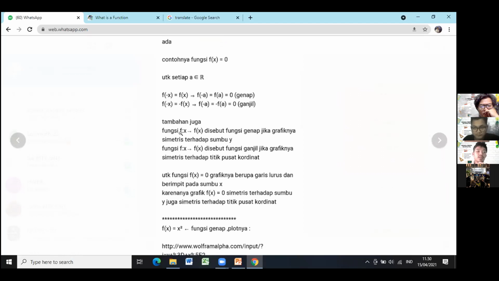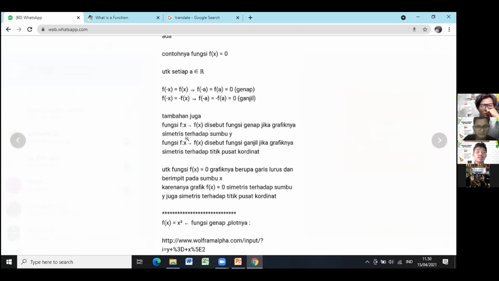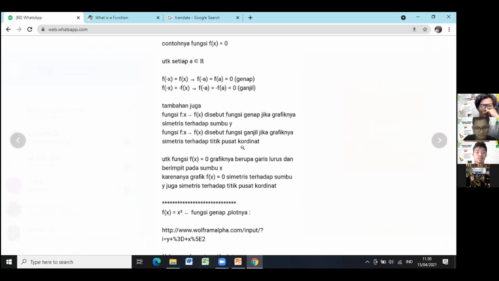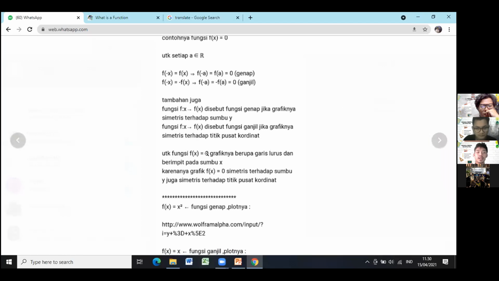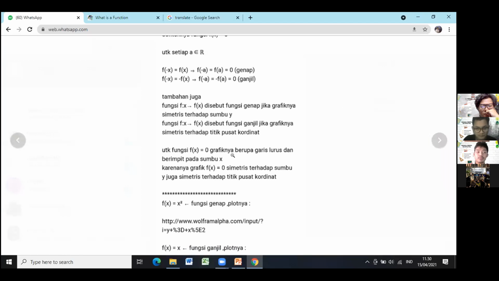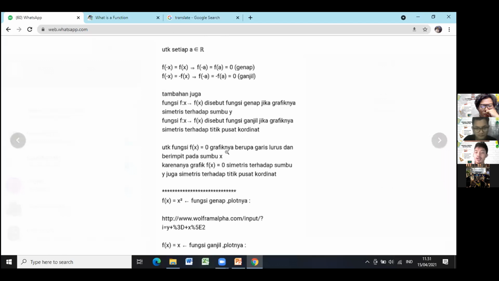A function is called an even function if the graph is symmetrical about the y-axis, and an odd function if the graph is symmetrical about the origin of coordinates. Because f(x) equals 0 satisfies both, it is both an odd and an even function. That's my answer.